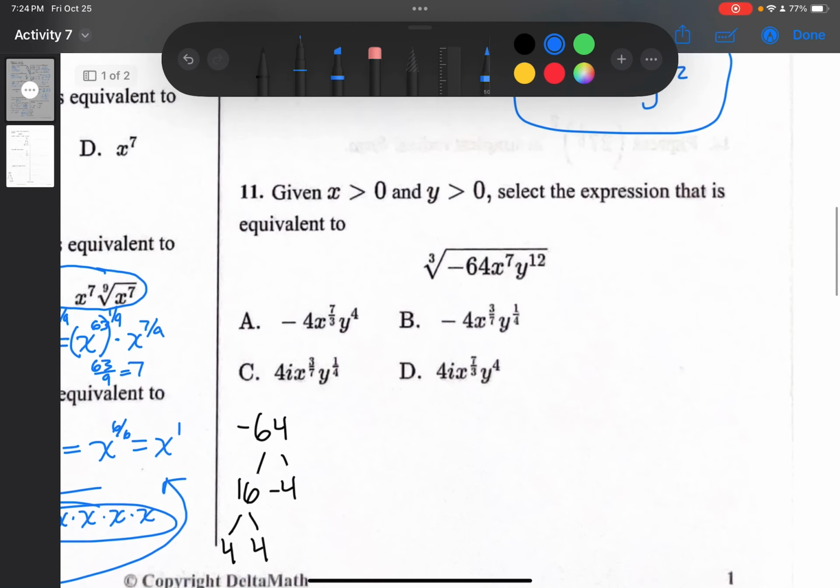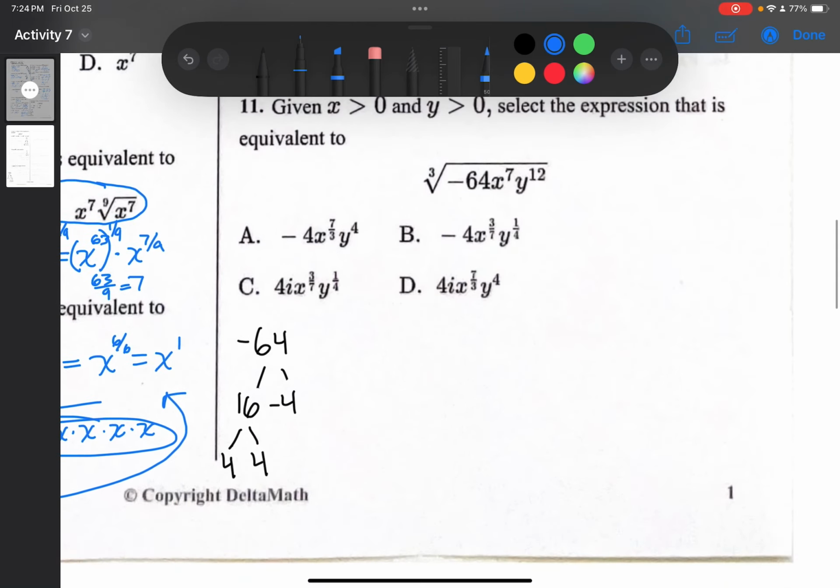All right, for number 11, again, we are splitting up the 64, and we see we need to find cube roots. So that is where we see that negative 64 is the same, right? Make sure we add a 3.